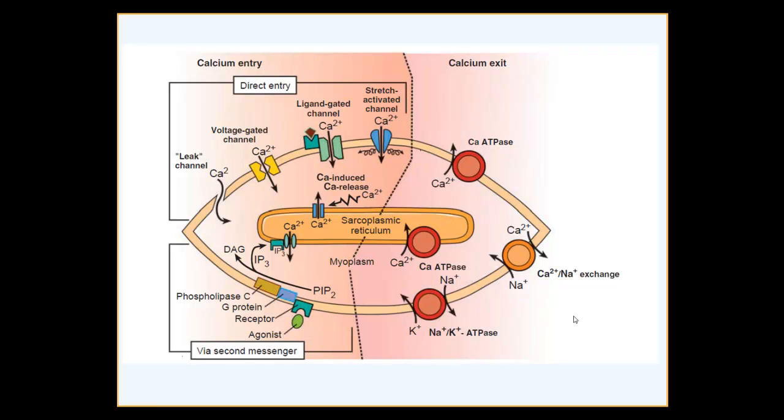But how is calcium entering the cell? Well, we have many ways. You can initiate calcium entry by stretching the cell. This is very unlike the skeletal muscles, where we did not have this mechanism. But over here, if we stretch the smooth muscles, we can allow calcium to come in from the extracellular space, and if calcium comes in, then it will cause contraction.